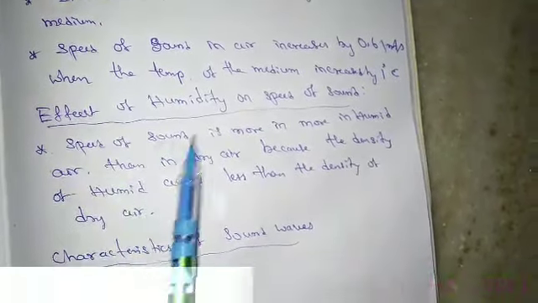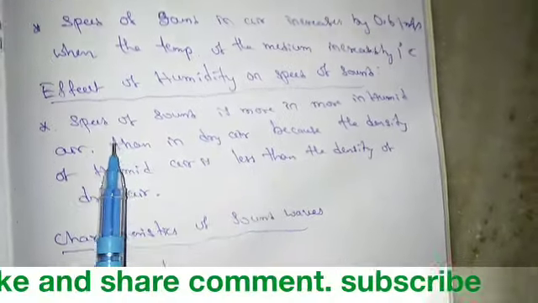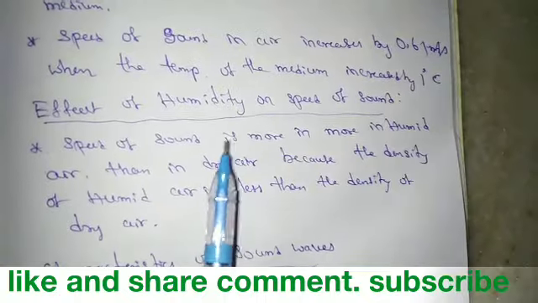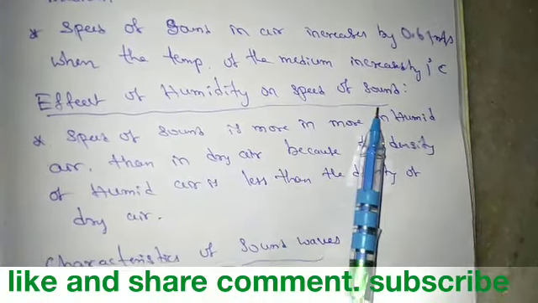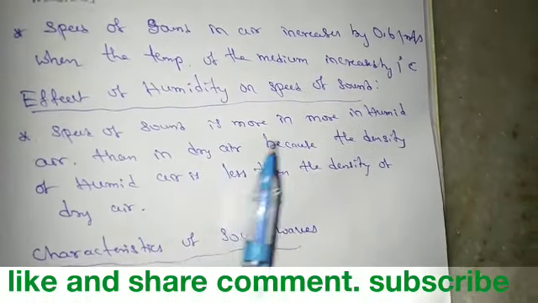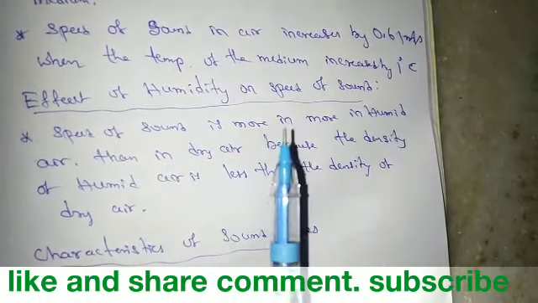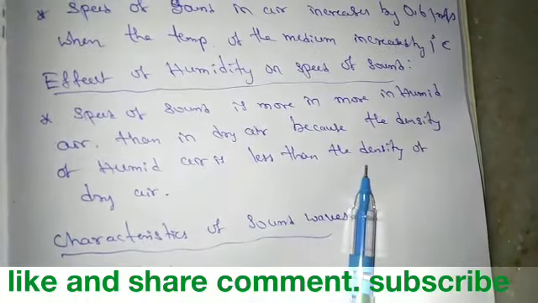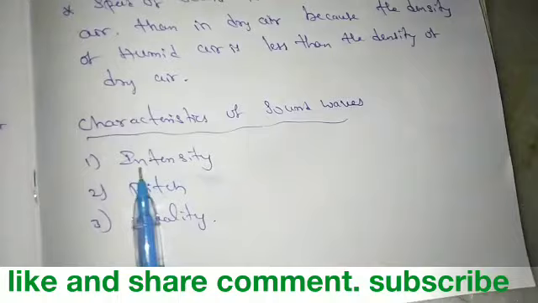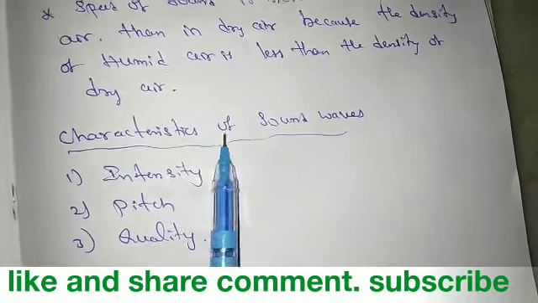So when the humidity of the medium increases, the speed of the sound also increases. When the humidity of the medium decreases, the speed of the sound also decreases, because of the variation of density.